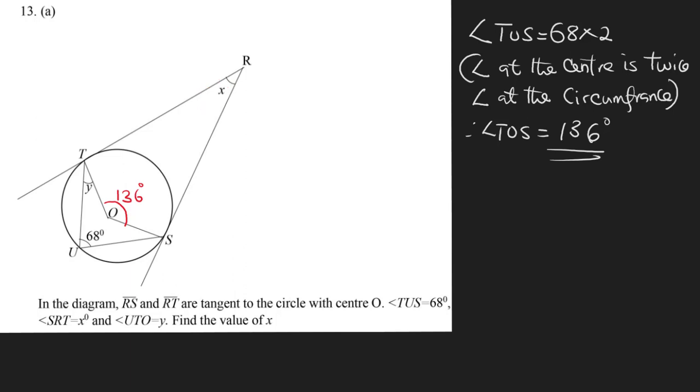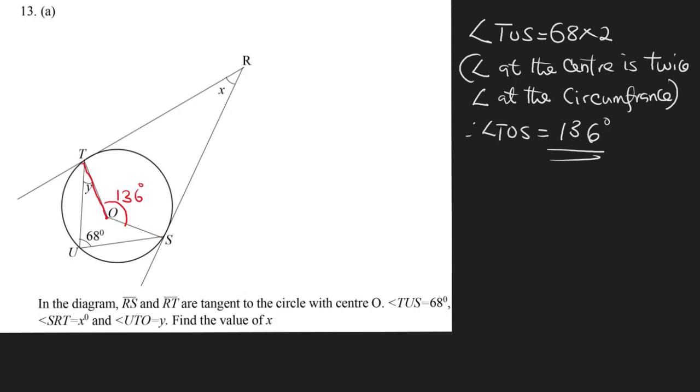So now another thing we should note here is that these are tangents, right? And there's a law that says that tangents are always perpendicular to the radius of any circle. And since this is the center, the line from here to here is actually a radius.